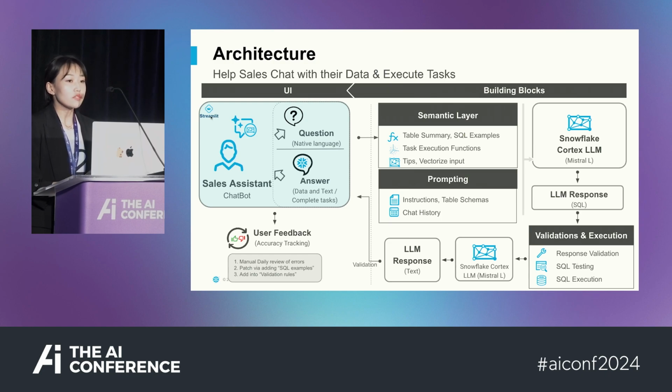For those who are not familiar with Streamlit, Streamlit is an open source Python framework that allows data teams to build an interactive app with just a few lines of Python code. Yeah, and after the user asks a question, we will first send it to the semantic layer. What's the semantic layer?